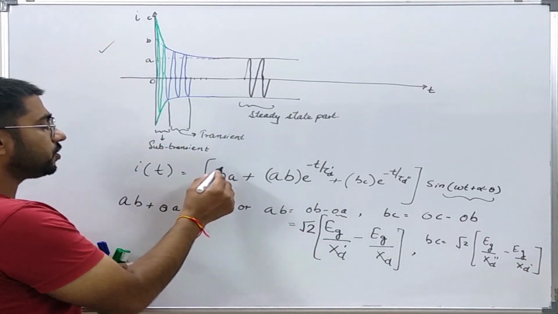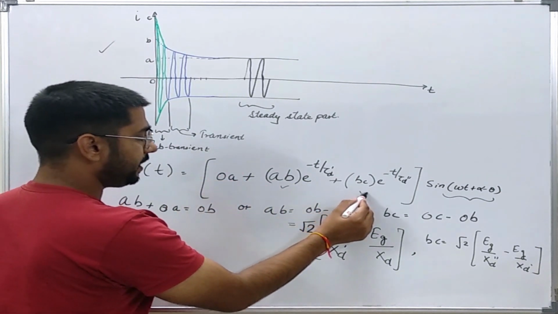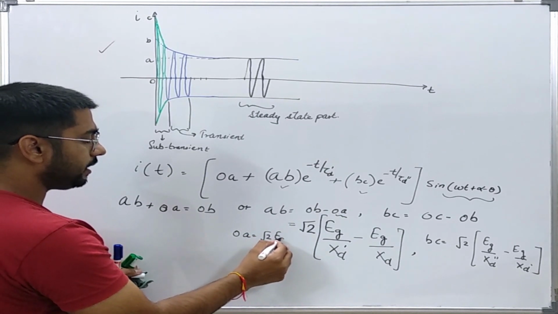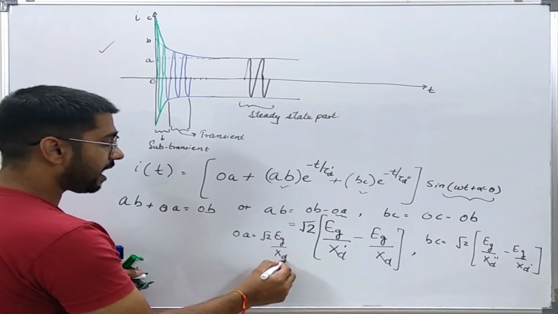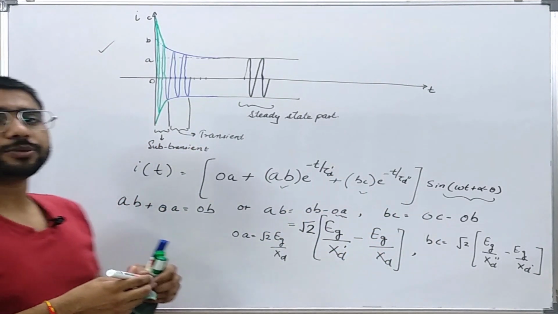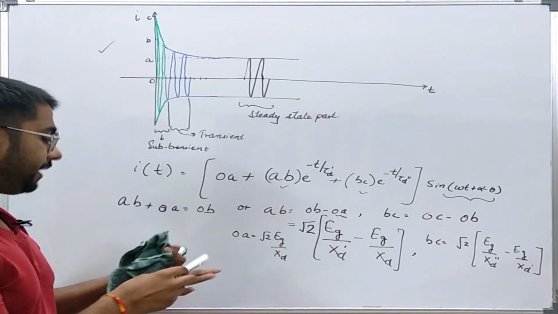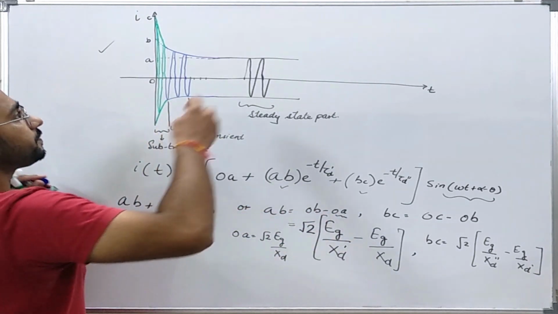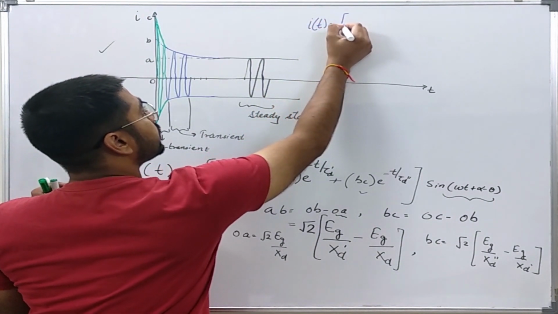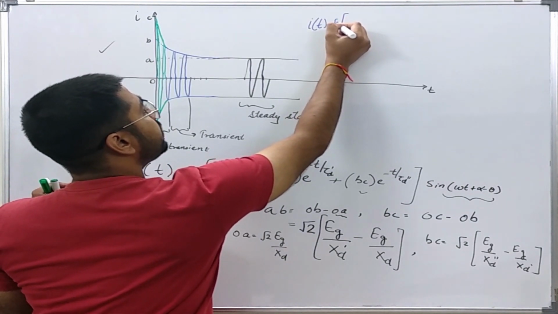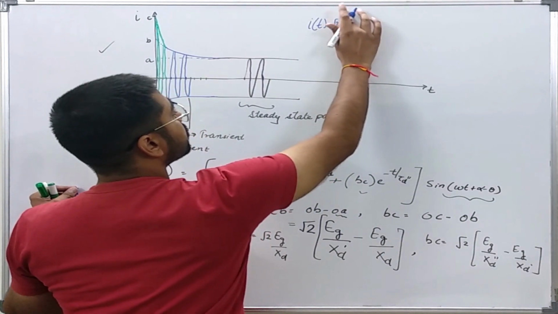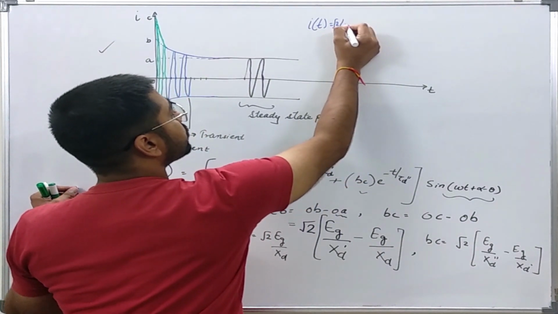Now I have got values for AB, BC, and OA I already know is nothing but root 2 EG over XD. So I will put these values 1, 2, 3 in this equation, and I will get the numerical expression for the IT, which I will write here. So IT is nothing but root 2, which I will take common outside because it is present everywhere, and EG is also present everywhere, so I will take EG also common.